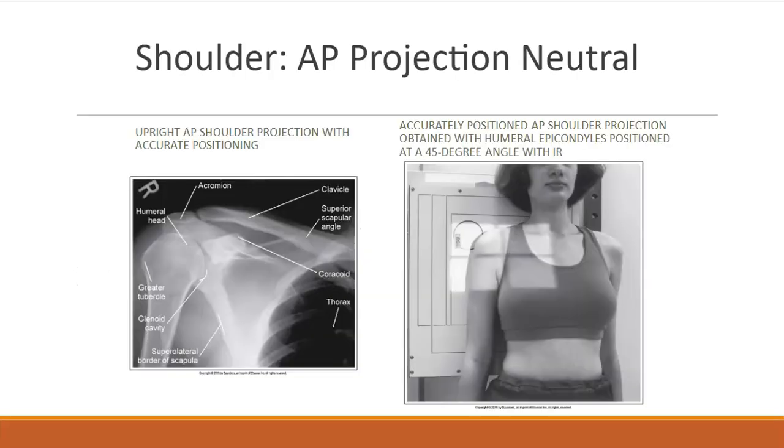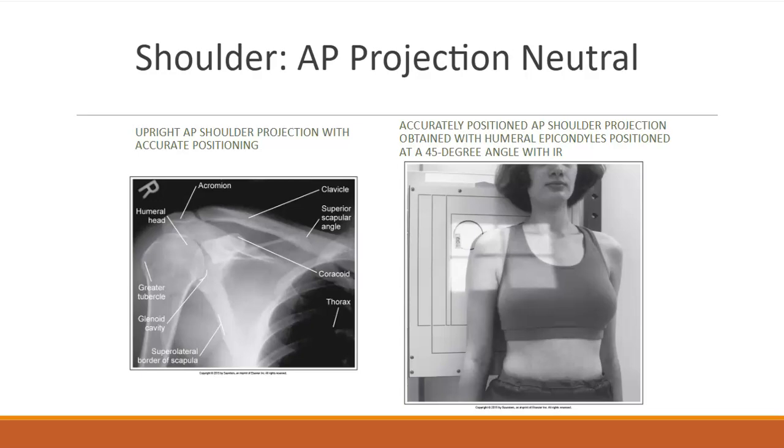Image analysis guidelines for the AP projection of the shoulder in all views states that the scapular body demonstrates minimal transverse foreshortening and half of the superior scapular body is visualized without thorax superimposition.